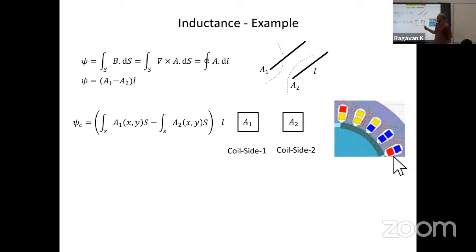And this, I think I forgot, we have to divide it by the surface, right? So you integrate it this way and then multiply with the stack length. So this is the background implementation step that every FEA solver uses to give you the flux linkage of a coil that is present in a distributed domain.